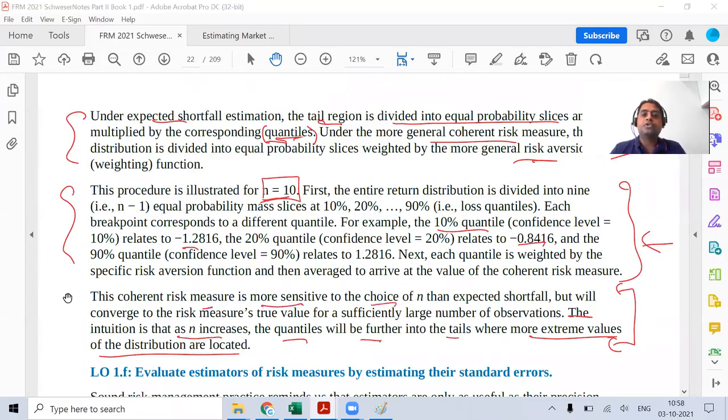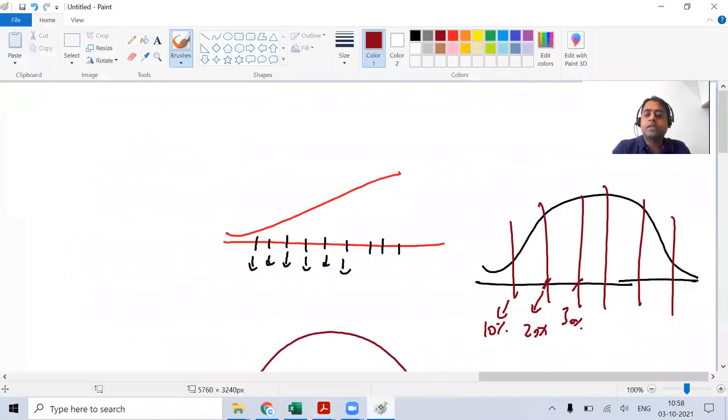Yes, Darshan? Sir, in the second last paragraph, the second last sentence, "next each quantile is weighted." Can you explain this sentence? Each quantile means each data point. Suppose over here the data point was negative 1.28, and the data point over here was negative 0.28. These are all standard deviations, these are all data points. We have to give weightage to them to find the risk measure.